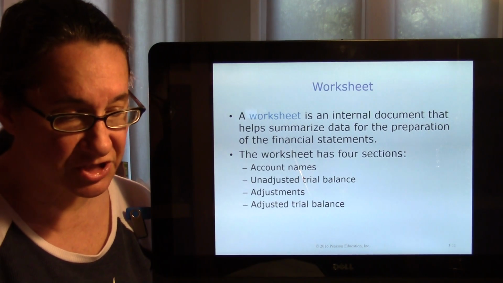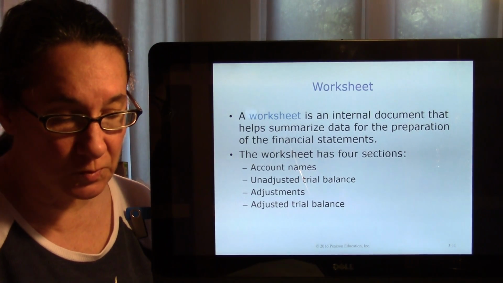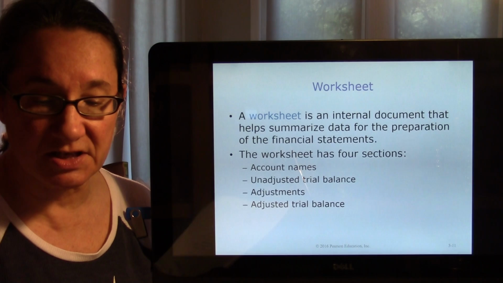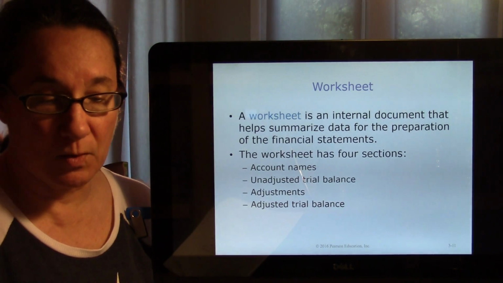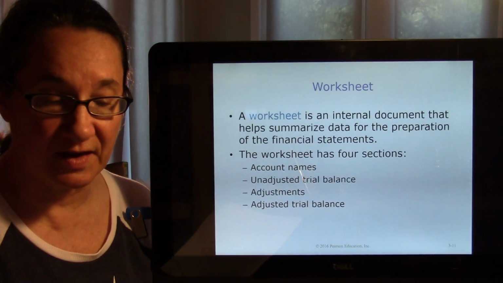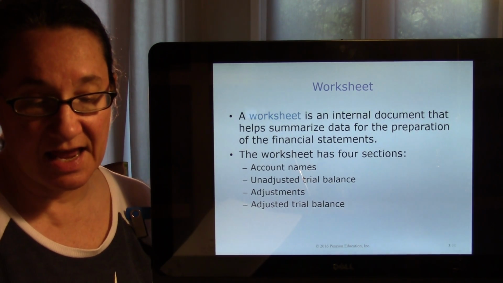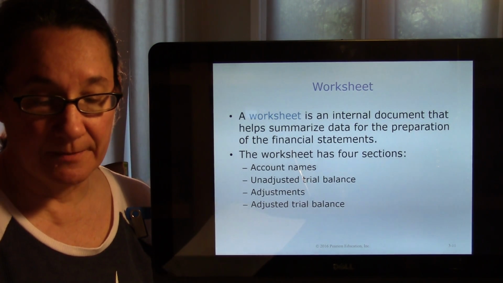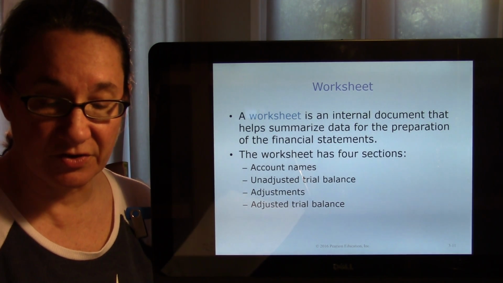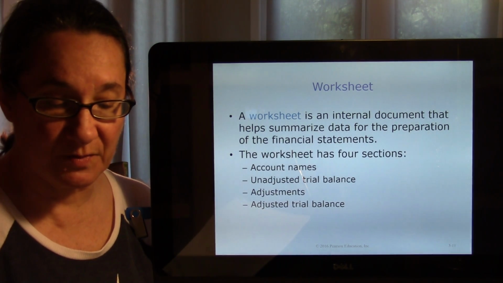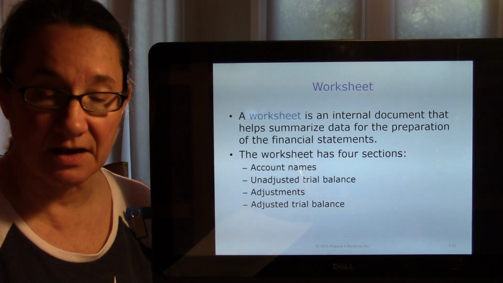So a worksheet is a useful tool to aid in preparing the adjusted trial balance. The worksheet provides columns for the unadjusted trial balance, the adjusting entries, and the adjusted trial balance. The worksheet is an internal document and is often prepared in Microsoft Excel.